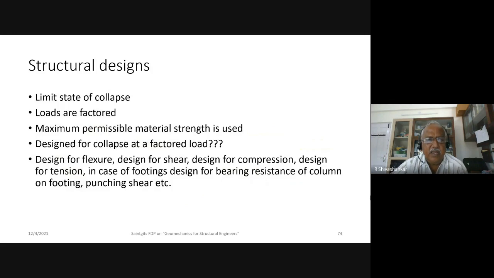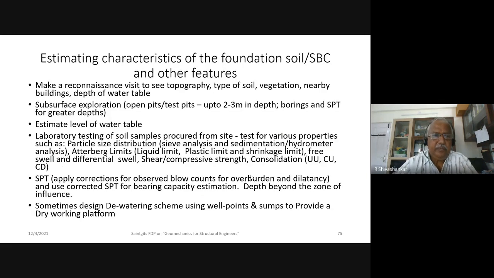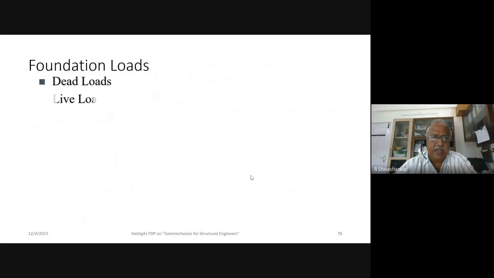In structural designs, our loads are factored and we try to use the maximum strength. The loads are factored and we design for flexure. That's what we saw, the different sections, shear, and all that. For SBC, you can do an open pit sampling, or you can do a plate load test, or an SPT, standard penetration test, or SCPT, static cone penetration test.